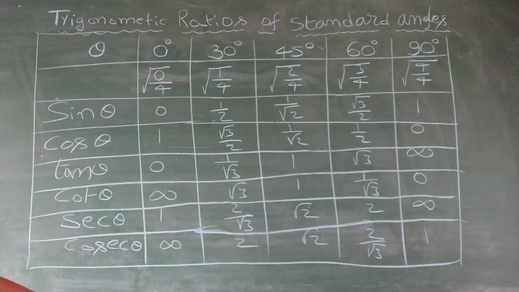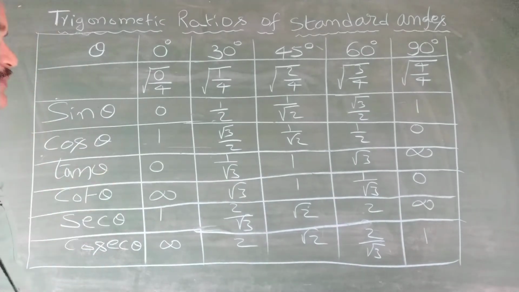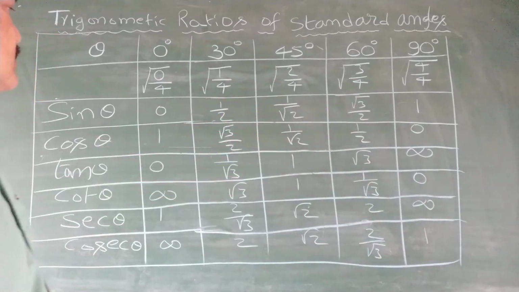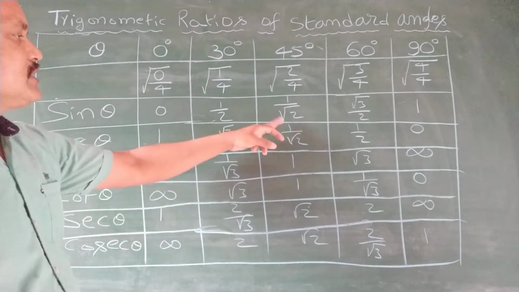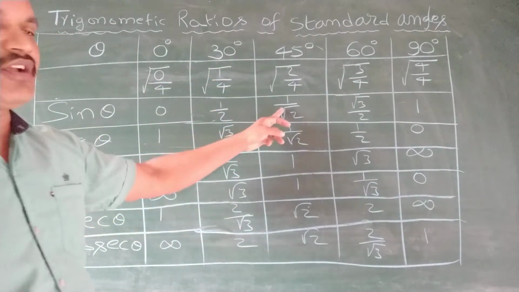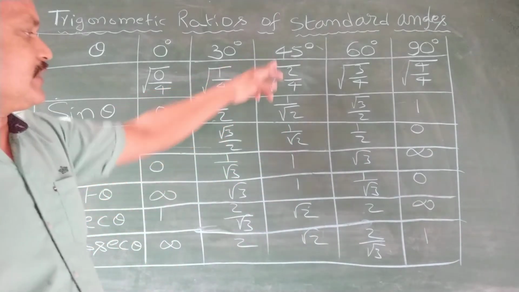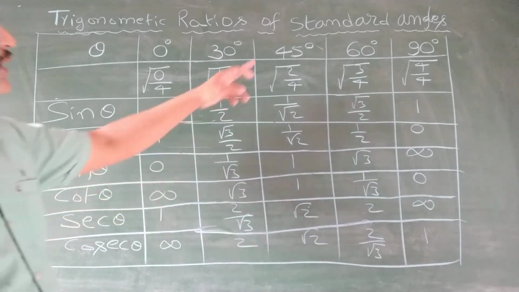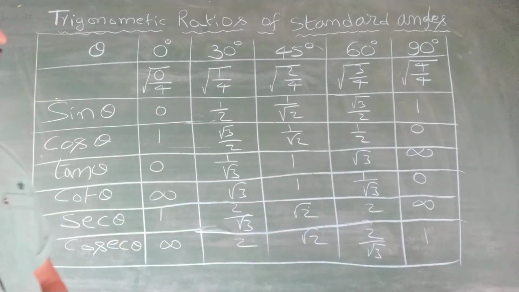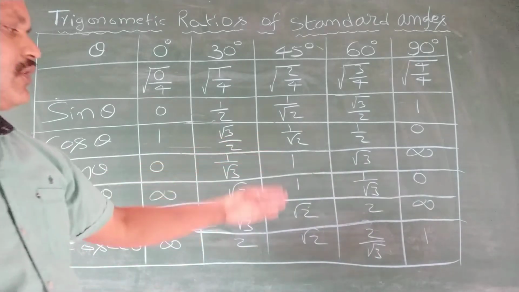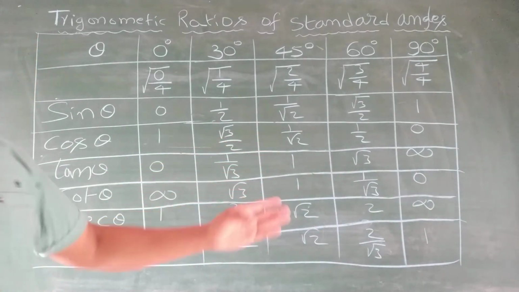Now from this tabular form, what you observe is that at 45 degrees, sine and cos are equal, tan and cot are equal, and secant and cosecant are equal.